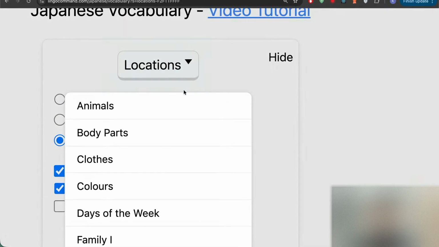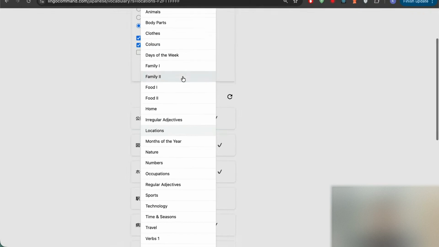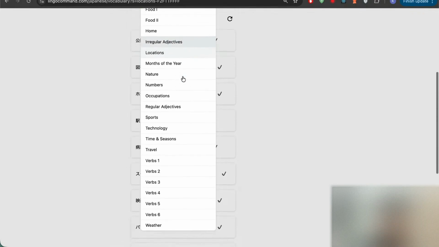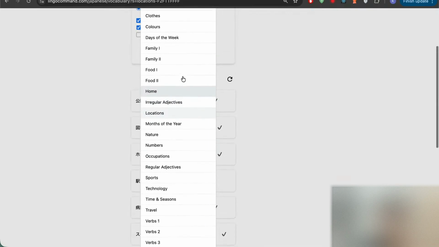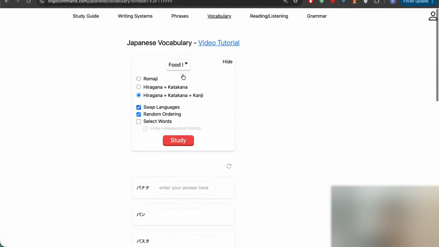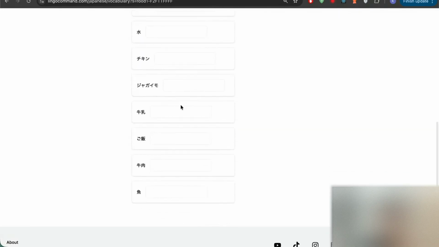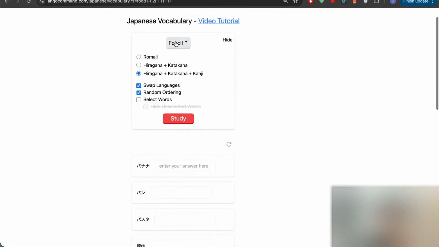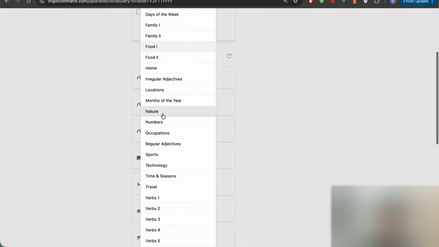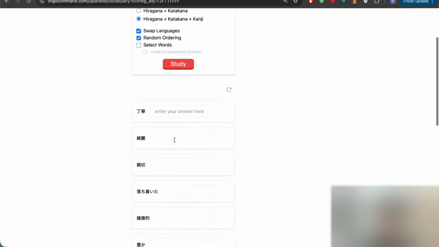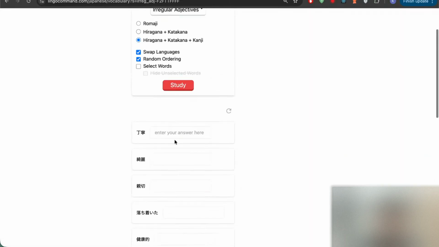Let's now dive into unknown territory. Why don't we take a look at maybe basic food items? No, the majority is katakana, so that's too easy. Yeah, this is perfect.